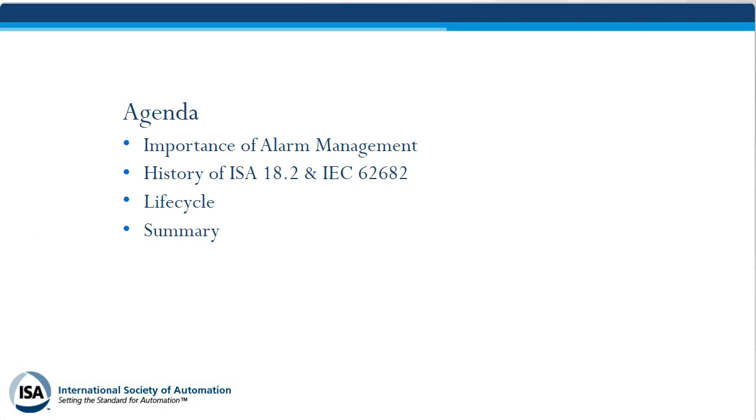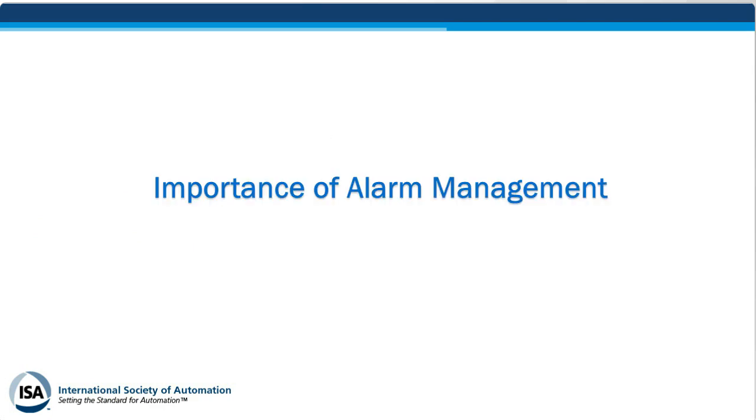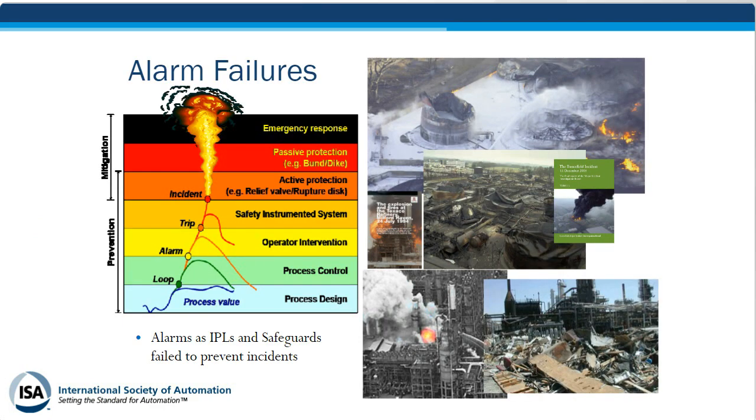So let's go ahead and get started. The importance of alarm management. When you look at how alarms are used within facilities, alarms are often used as an IPL or safeguard, which helps prevent incidents. One of the things that myself and the co-chair of the ISA team like to do is read CSB reports and other incident reports, and we have been doing it for a number of years.